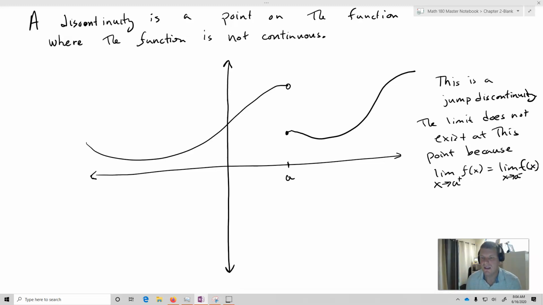There it is. Or we just have that the limit as x approaches a does not exist.